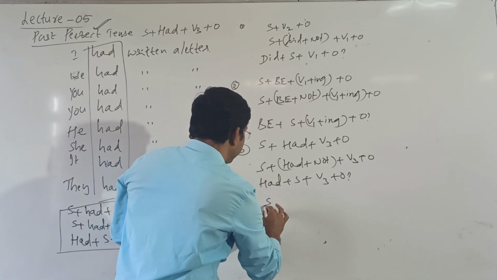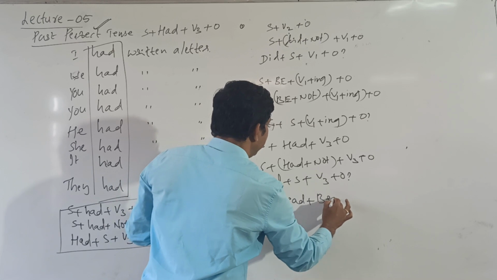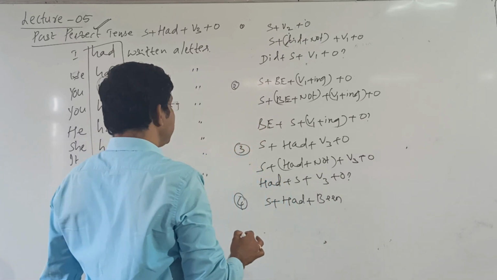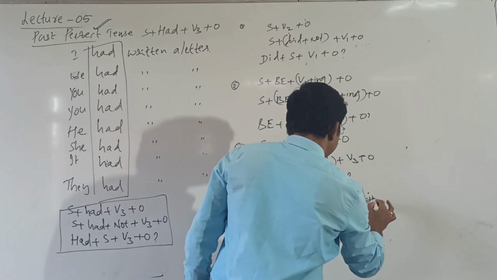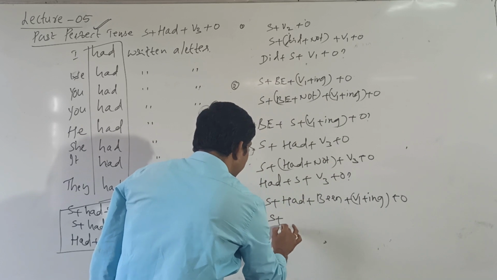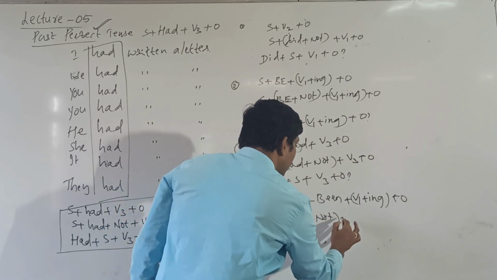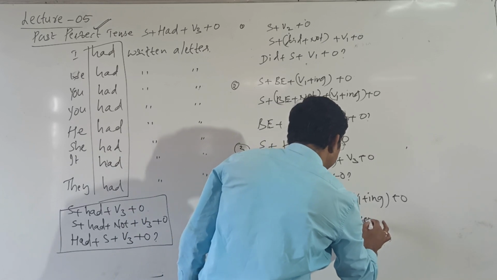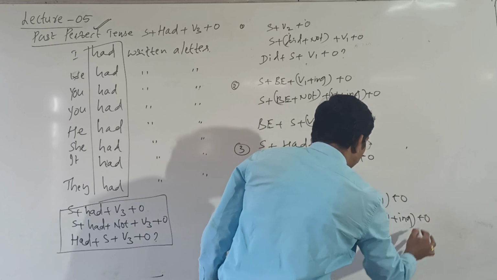Fourth one, yes plus had plus been plus V1 plus ing plus object. Yes plus had plus not plus been plus V1 plus ing plus object.